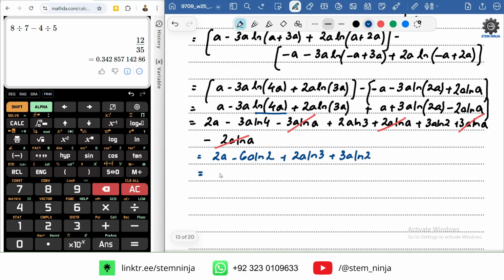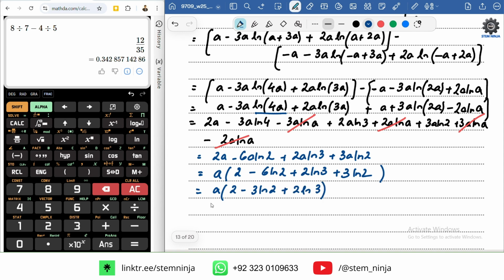Alright, so let's factorize out a now. So 2 minus 6 ln 2 plus 2 ln 3 plus 3 ln 2. So minus 6 plus 3, that is going to be just simply minus 3 ln 2 plus 2 ln 3.